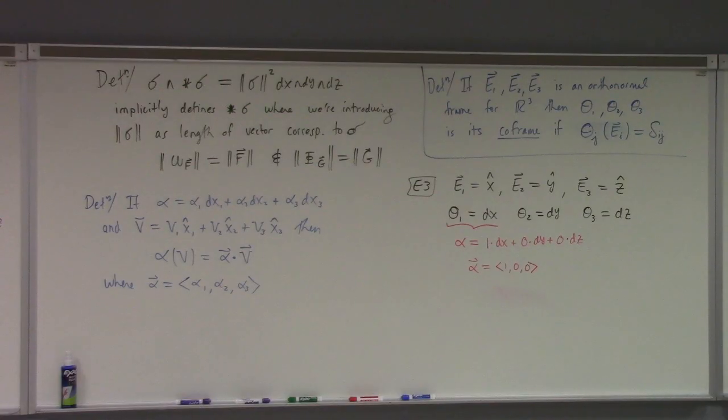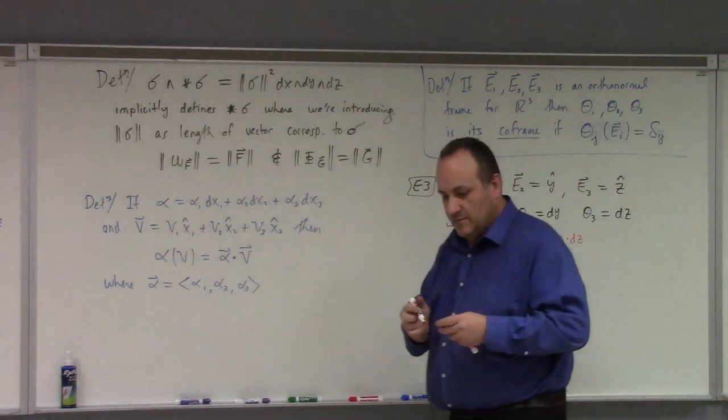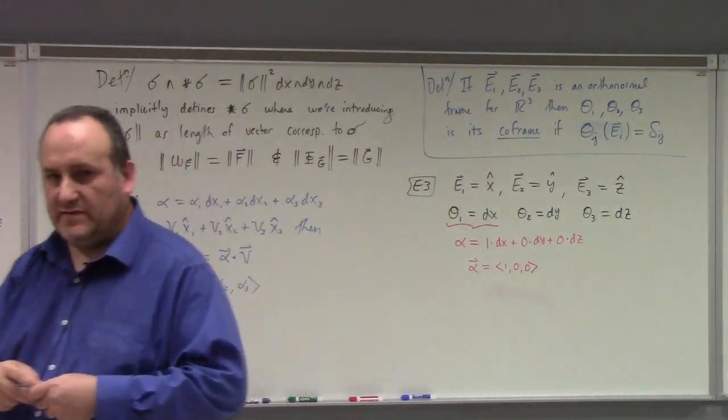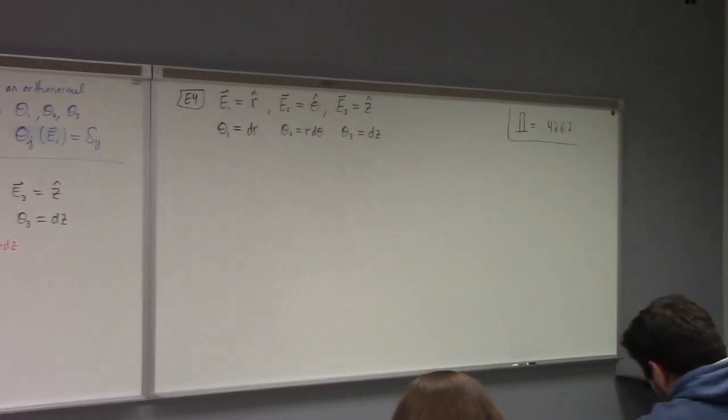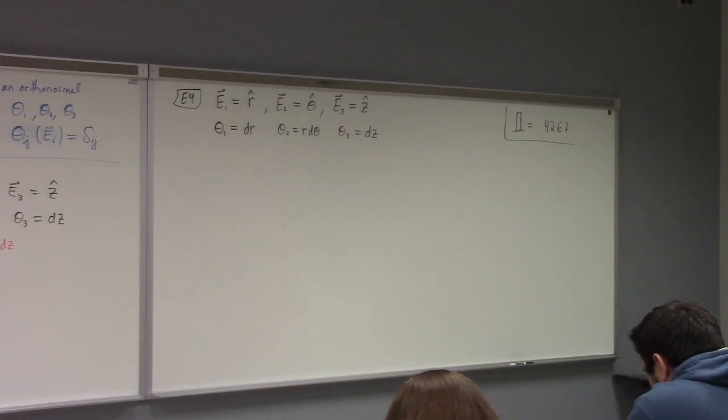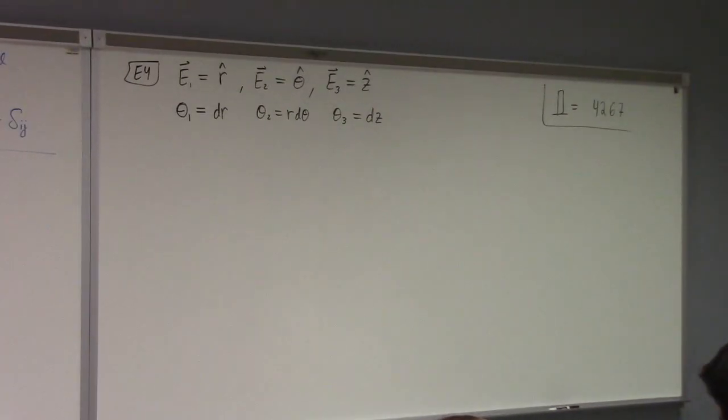So this is the natural coframe. You might recognize those from our previous discussions about infinitesimal displacements in the coordinate directions. So there are 2 different ways to derive the coframe.